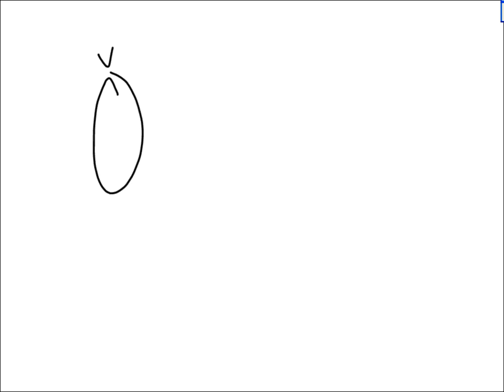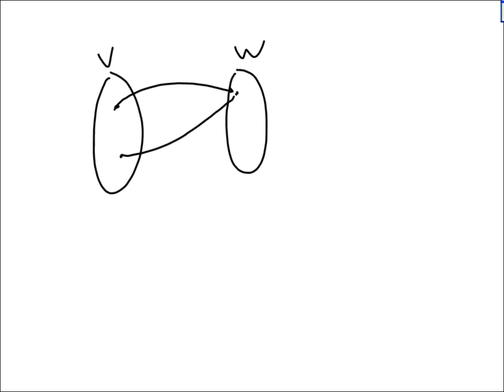You have the set V, and you have the set W, and L is a linear transformation between the two sets. If this is an element in W, and this element in V gets mapped to that element in W, you cannot have two things going to one.